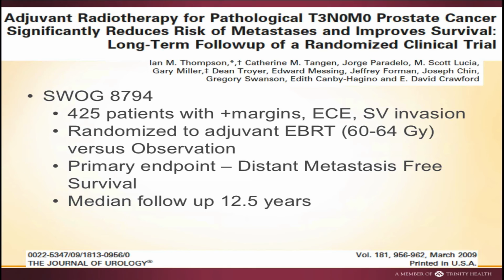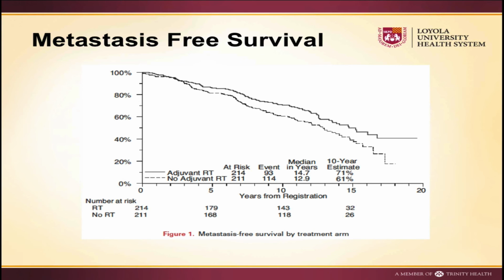Half got observation, half got radiation. They were primarily looking at avoidance of distant metastases. So not only the disease coming back, the PSA rising, but looking at the development of mets. And they showed about a 10% improvement at 10 years in development of distant metastases.